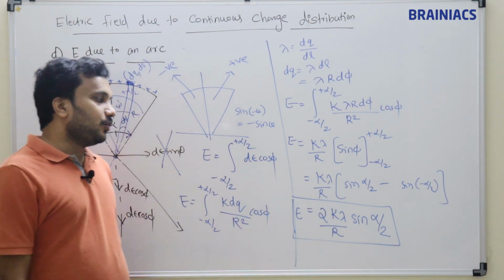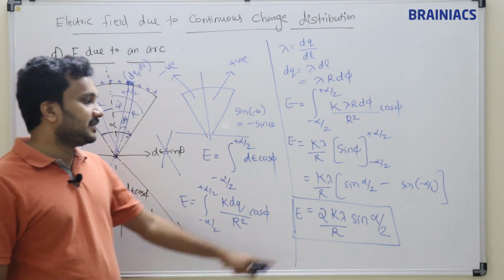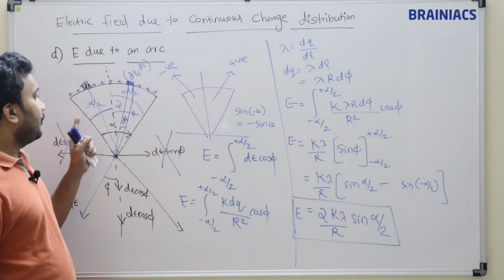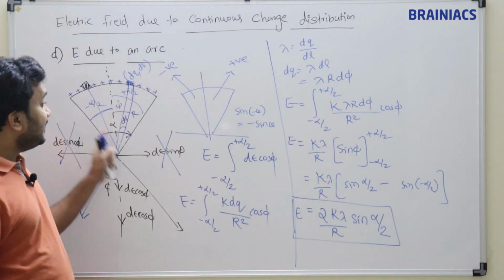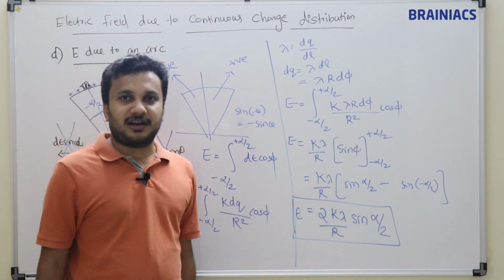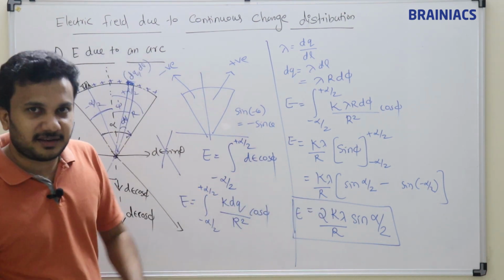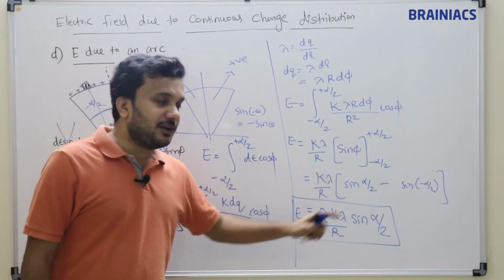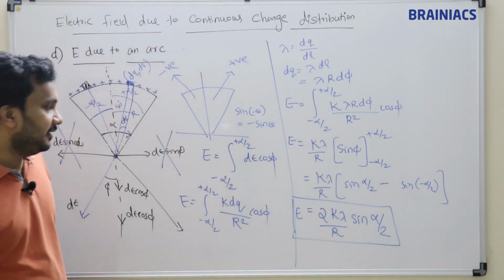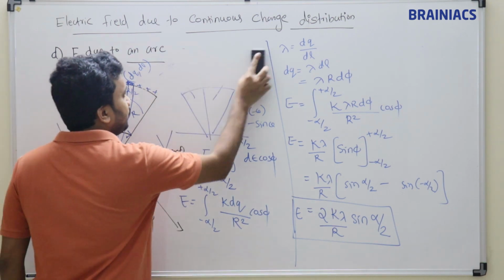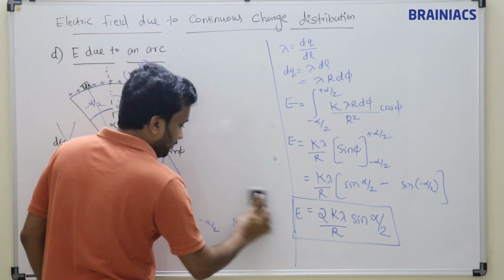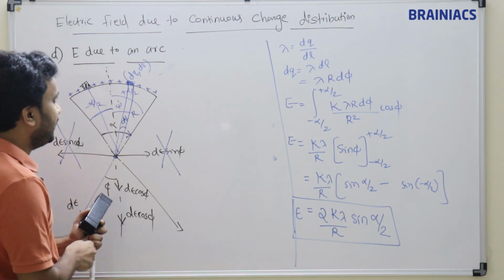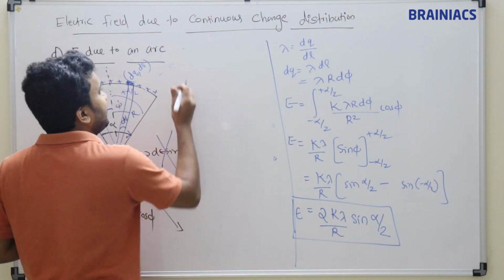So E will be equal to 2k lambda sin alpha divided by 2. Now if I am asking for a semicircle, what is the value of alpha? Alpha equal to 180 degree. For a quarter circle, what is the value of alpha? Alpha equal to 90 degree. So we'll see that also. We have two cases. Semicircle, this is what we have learned in sessions B, right?